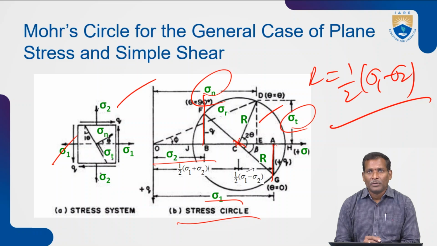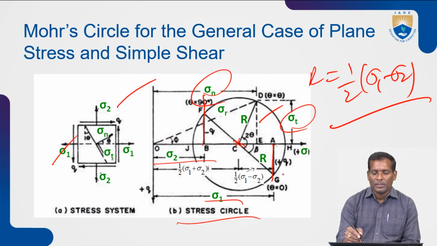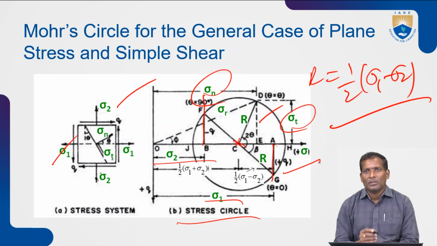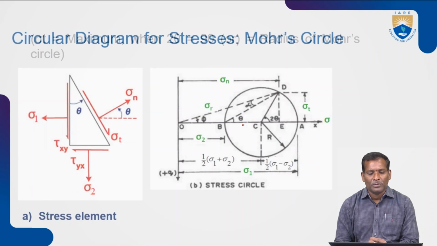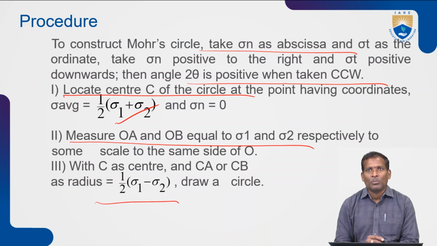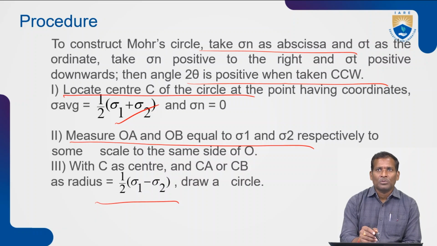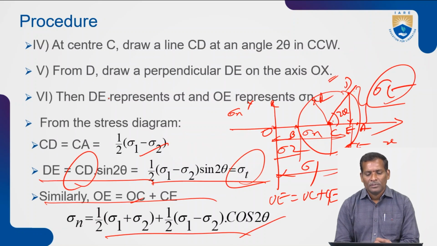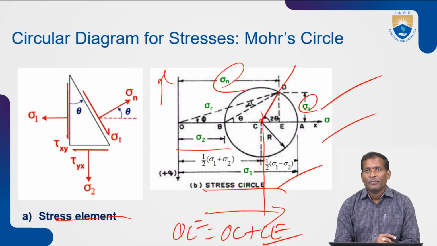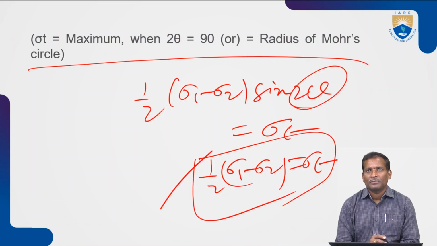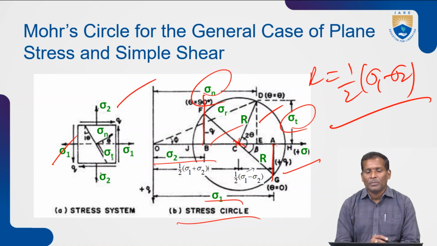And here the sign notations are important. The downward shear stress is positive and upward is negative. Already I told you at the starting point, take sigma t positive as the ordinate, and sigma n positive to the right and positive downwards. So in this diagram shown sigma n and sigma t.